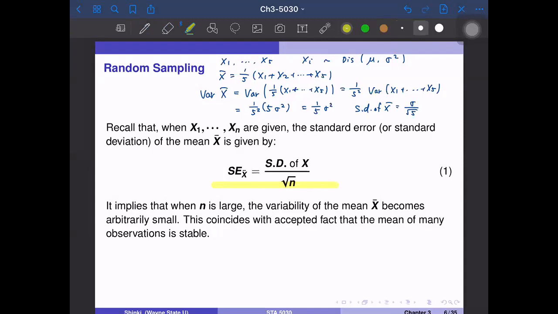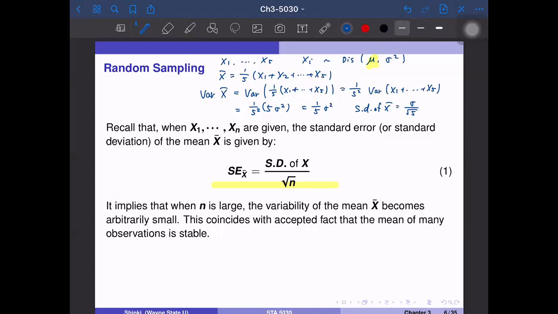Here, standard error and standard deviation have the same meaning, but the term standard error is used for some estimate. X bar is an estimate for this mu, so that's why we say standard error. Okay, so this method is perfect because this is theoretically correct, but this is possible because the problem is easy.